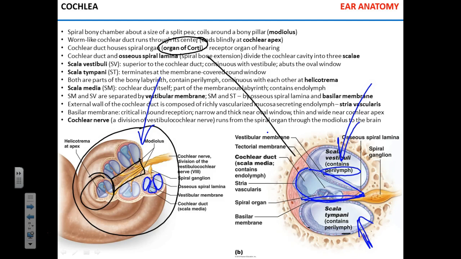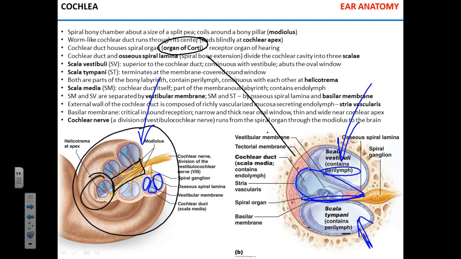Inside of the apex, there is a little structure called helicotrema. At the helicotrema, scala vestibuli becomes scala tympani. Think about this. It's like a road. You drive down the road, and at the very end of the road, it's a dead end. And all you can do is turn around and go the other way, back. Does it make sense? That's what happens with the sound, actually. It goes through scala vestibuli, turns around, and goes back through the scala tympani. Okay?